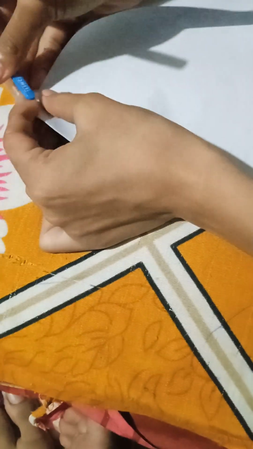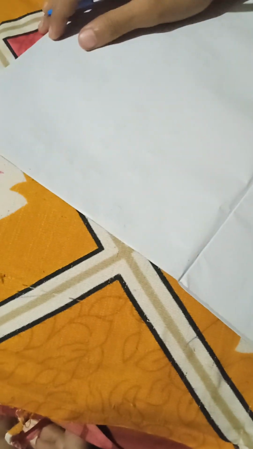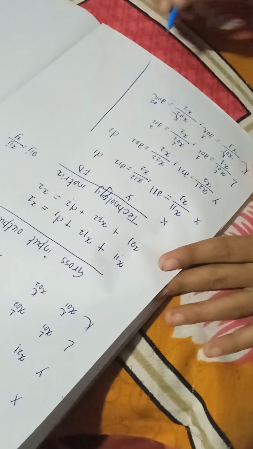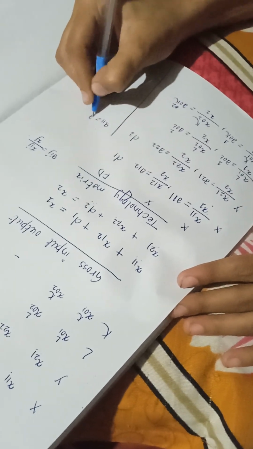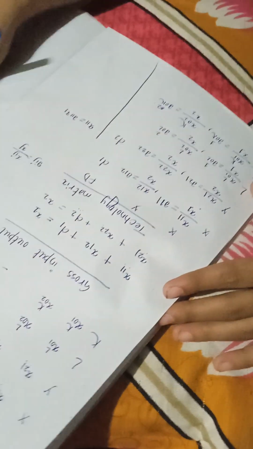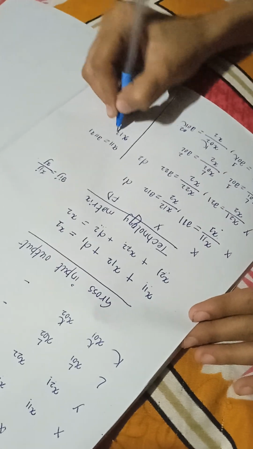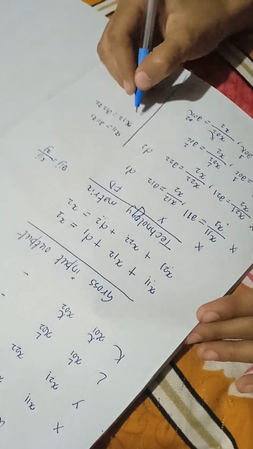Now I am writing this. Here we can write this in this format. X11 equals a11 x1, X12 equals a12 x2, and so on.